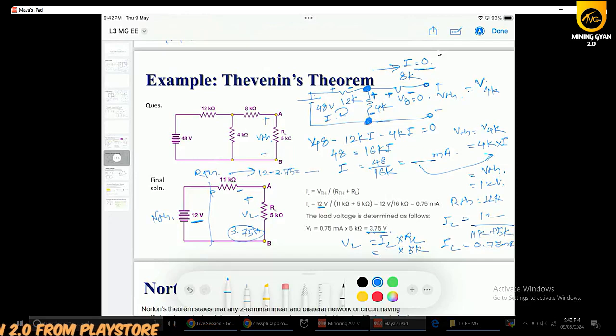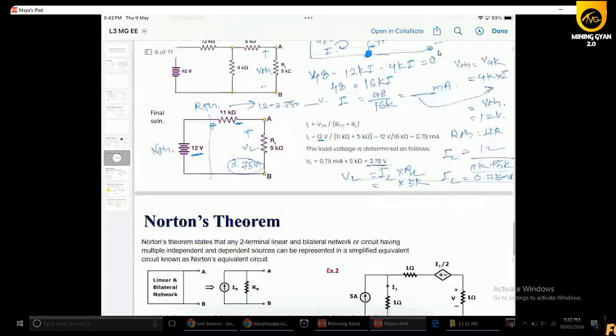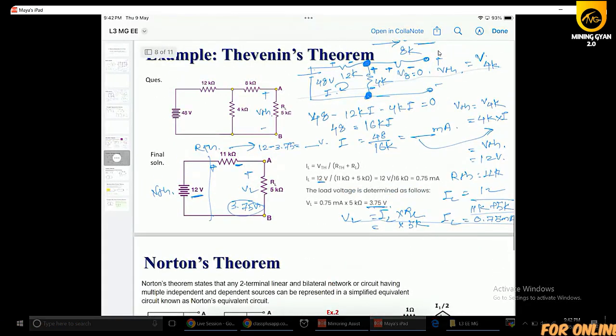Understood? So this is the method to calculate the load current that is flowing across the load resistance.